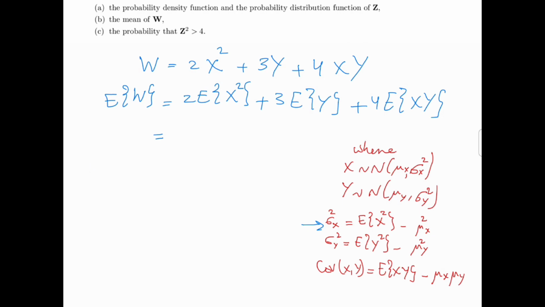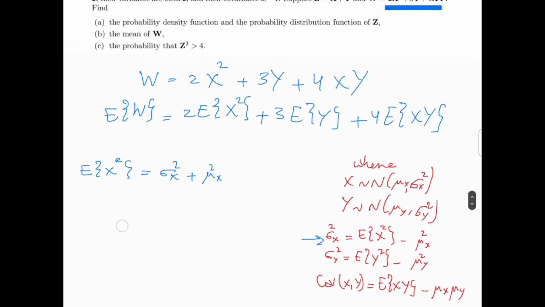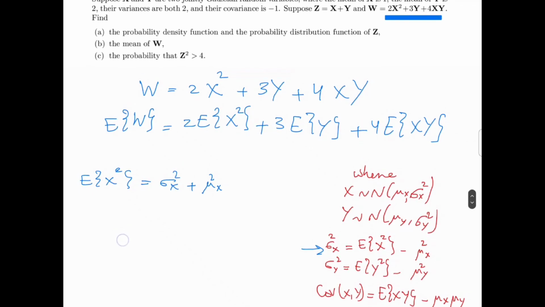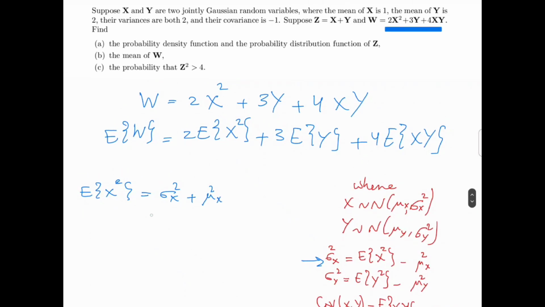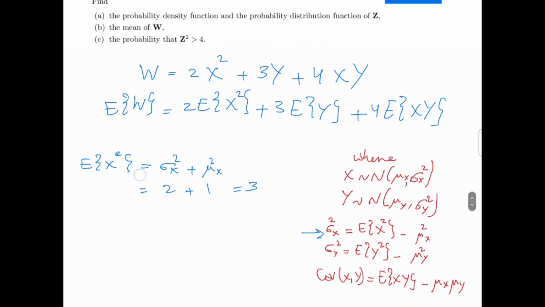The expectation of x squared is simply equal to sigma x squared plus mu x squared, where sigma x squared is 2, the variance, plus mu x squared, which is 1. So E of x squared is equal to 3.